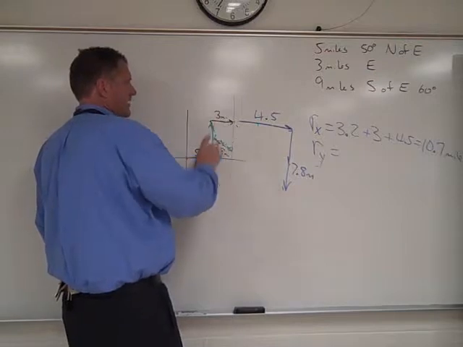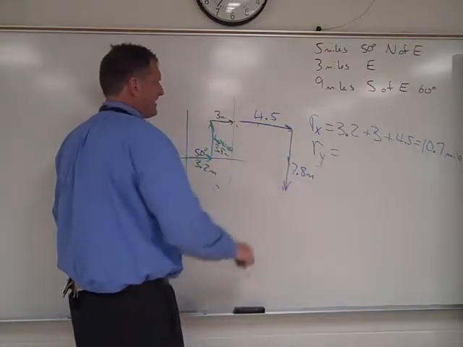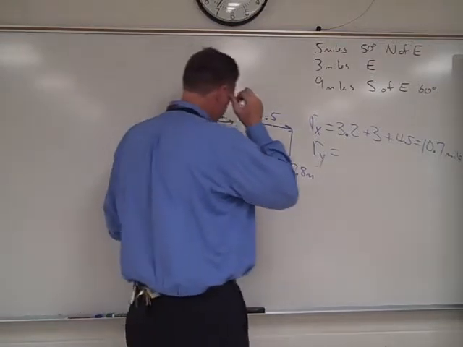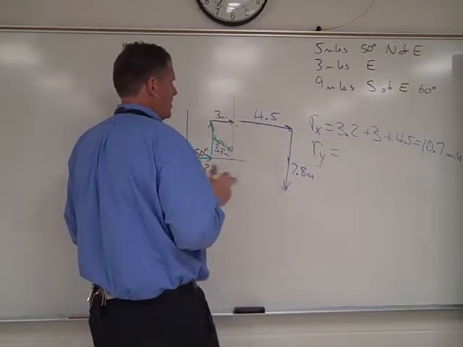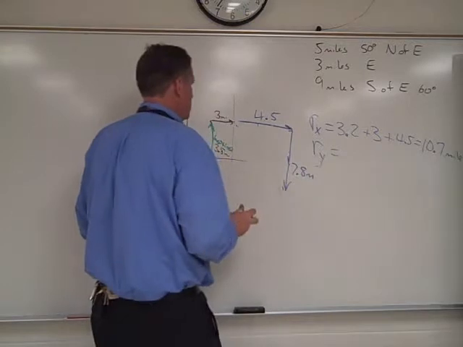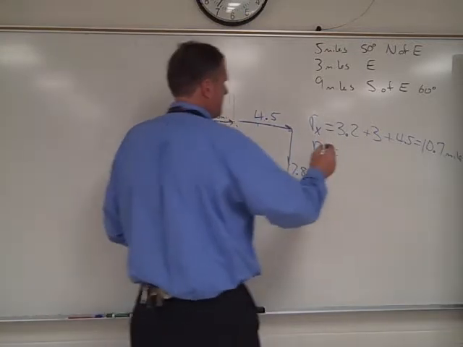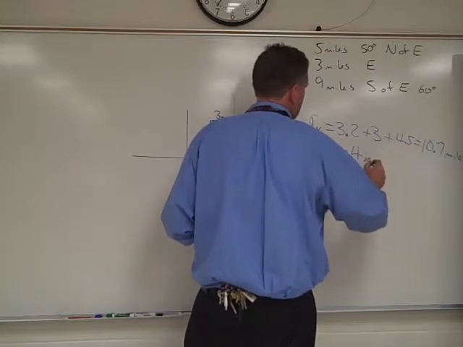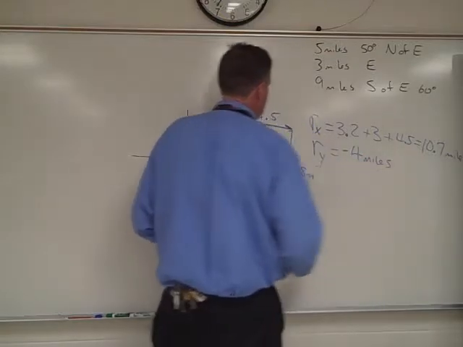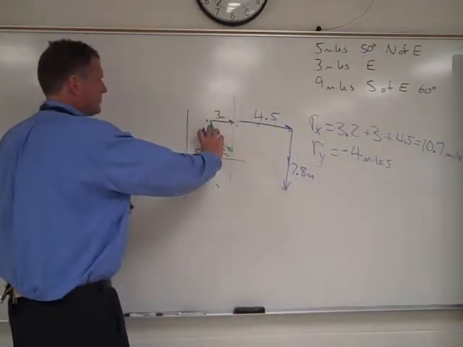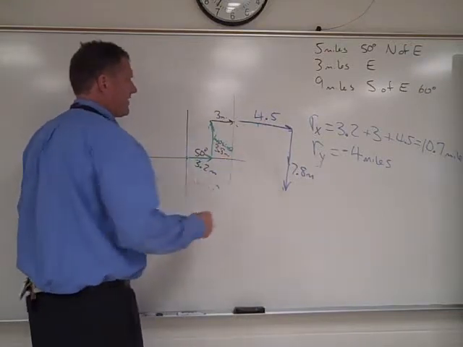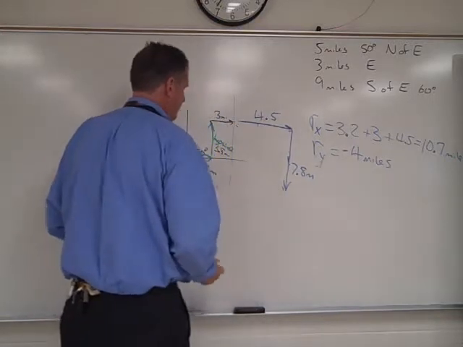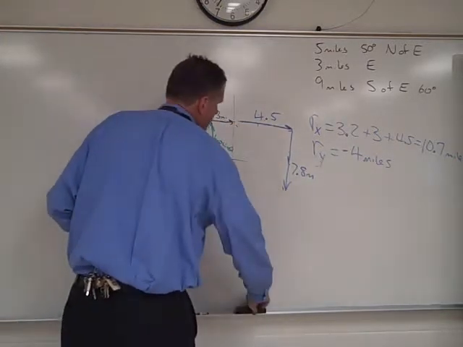It's going to be 3.8 plus negative 7.8. So that's going to give me a negative 4. Again, 3.8 plus negative 7.8 gives me a negative 4 as a resultant.